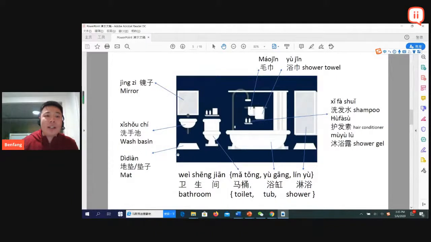The mat on the floor 是地垫, or you can call it 垫子. The toilet itself, this piece of furniture, the toilet in Chinese is 马桶. 桶 is the barrel, the big barrel. 马桶, the toilet.